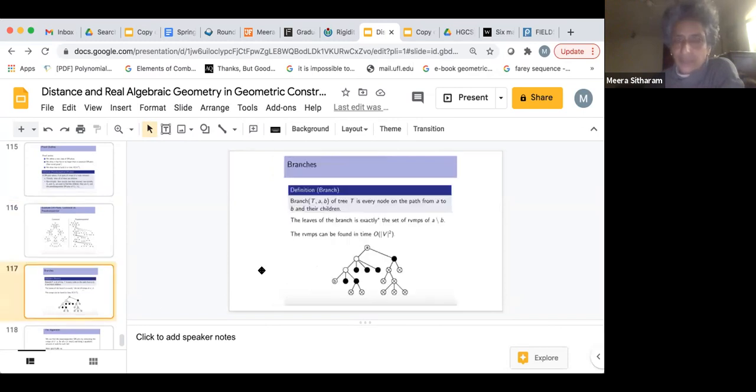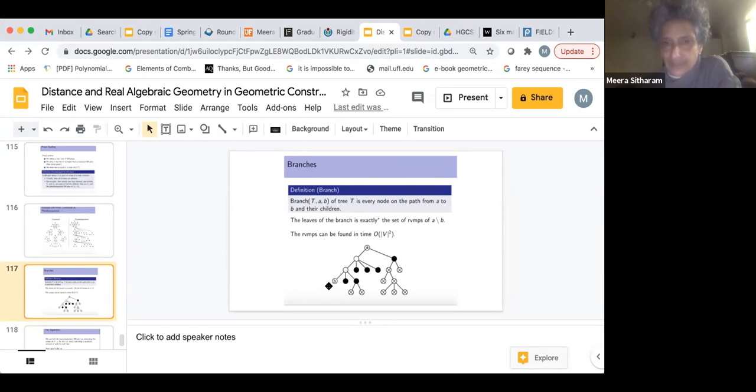So now we need a definition of something called a branch in order to describe the algorithm. I'm getting to the algorithm. So, a branch of a tree. The branch includes the tree and two vertices on it. Every node on the path from A to B and their children.